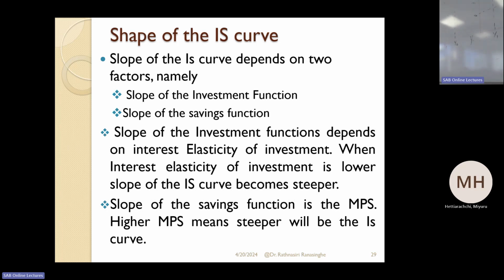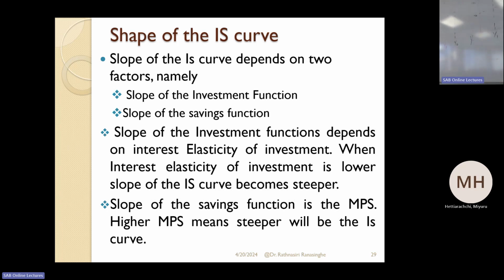Whether we have the steep IS curve or the flatter IS curve. That mainly depends on the savings and the investment, because when we derive the IS curve, we use the investment and the savings. So the slope mainly depends on the slope of the savings function and the slope of the investment function.